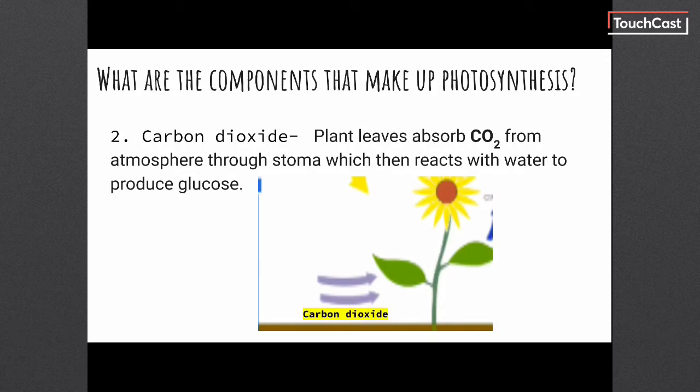It gets it from us and animals that breathe it out. We breathe in oxygen, we breathe out carbon dioxide. Just like the water cycle, everything kind of cycles back into itself. The plant gives us oxygen, we breathe out CO2 that the plant can use in the process to make its own food. Carbon dioxide is very, very important.